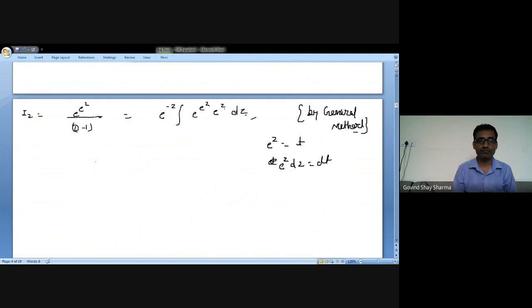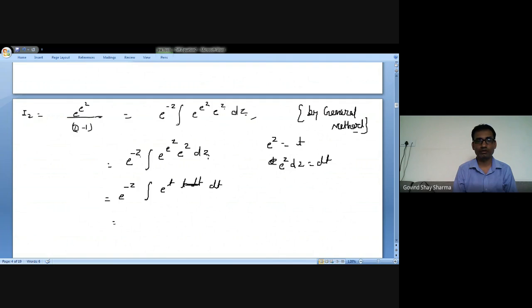So now we say that e to power minus z, e to power z is t. Here we replace e to power minus z with e to power t.